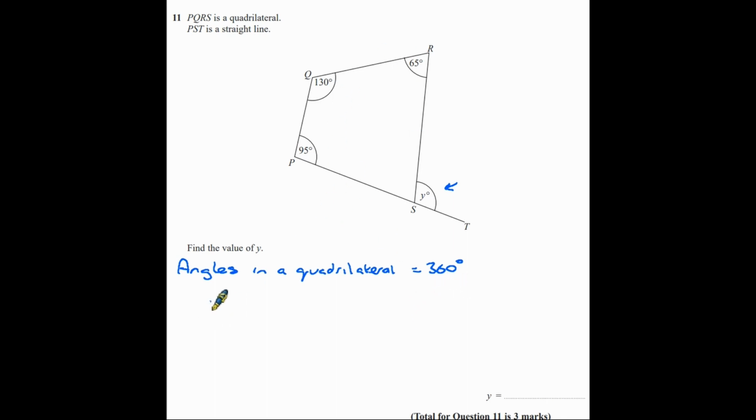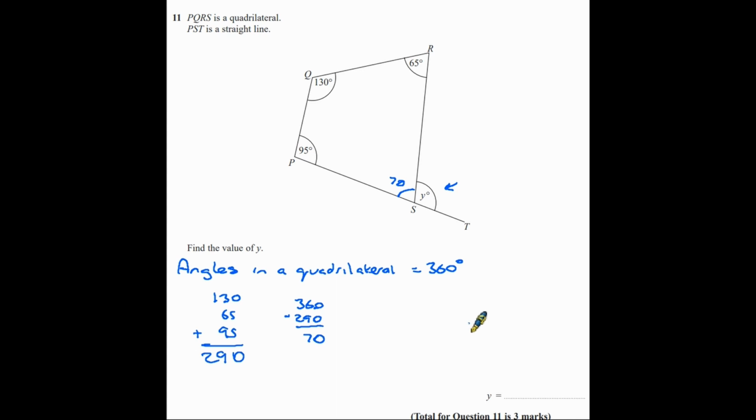So in this quadrilateral we already have 130 and 65 and 95. So if we add those up, we end up with 290 degrees. So if the 4 angles add up to 360, that means that 360 minus 290 means the other angle inside the quadrilateral, the angle here, must be 70.